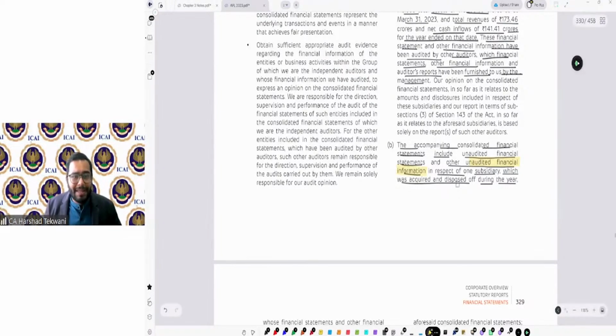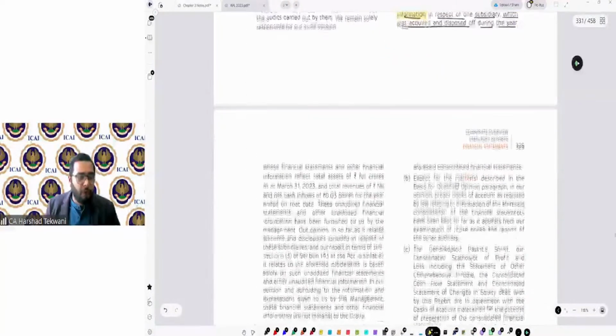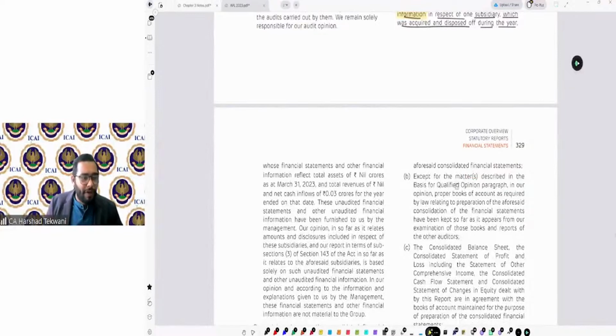Now, how do I decide whether this is unaudited, audited, or what focus I pay on this? If I have to pay focus, if you see this one line, whose financial statement and other financial information reflect total asset nil crores at 31 March, total revenue of nil and net cash flow of 0.03.